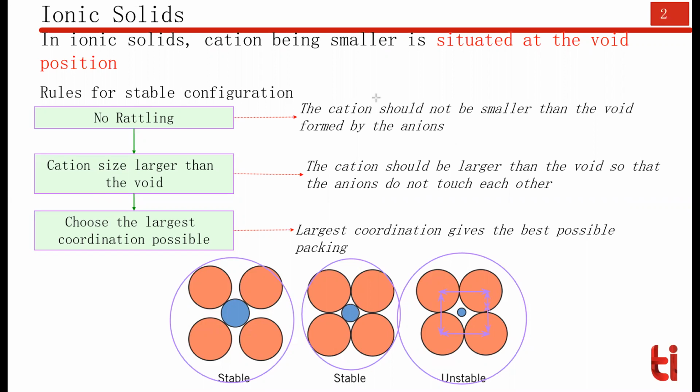The one which has positive charge, right? The cations are smaller and the anions are larger and they make the valley.